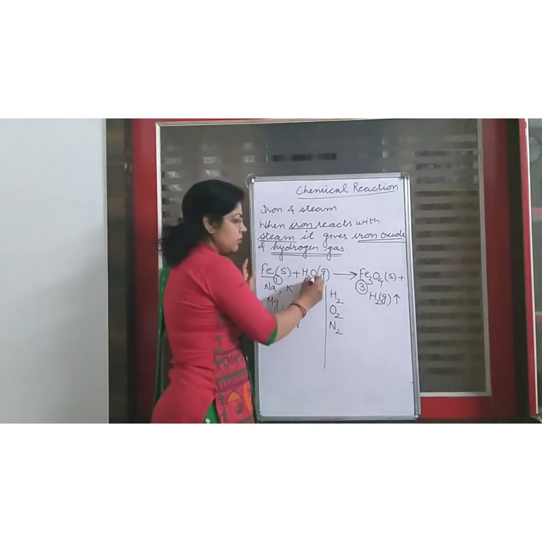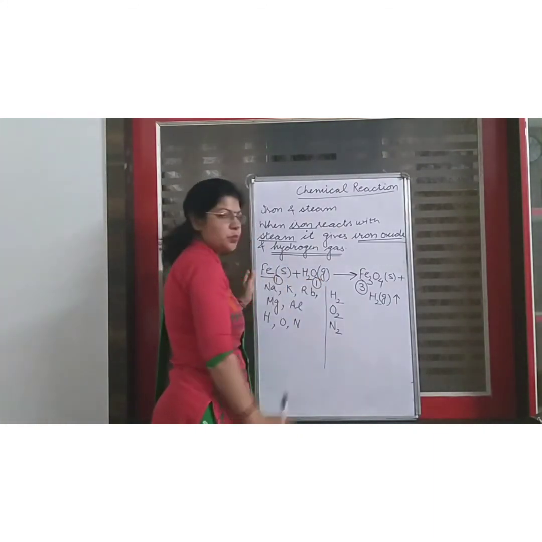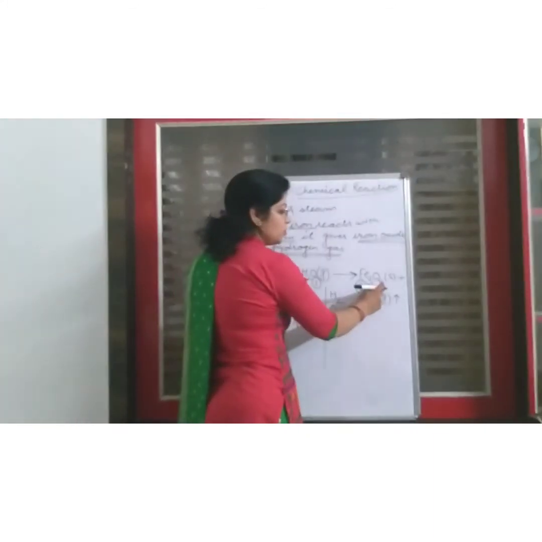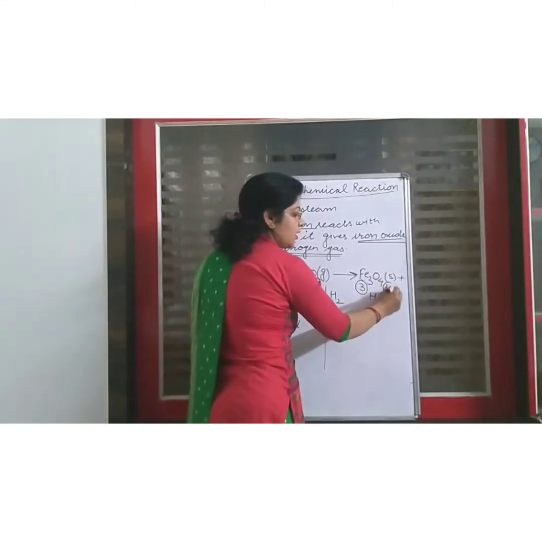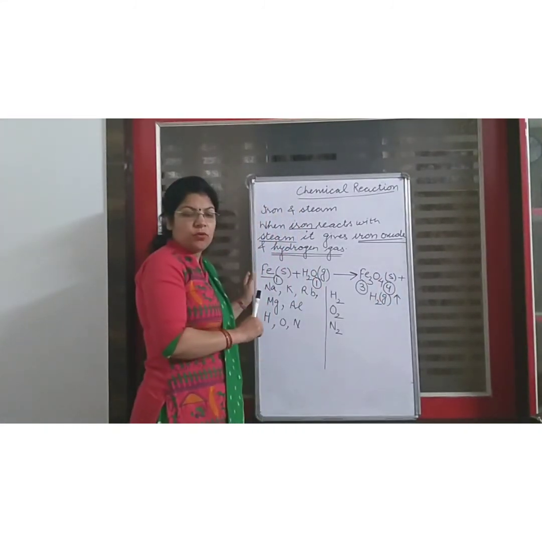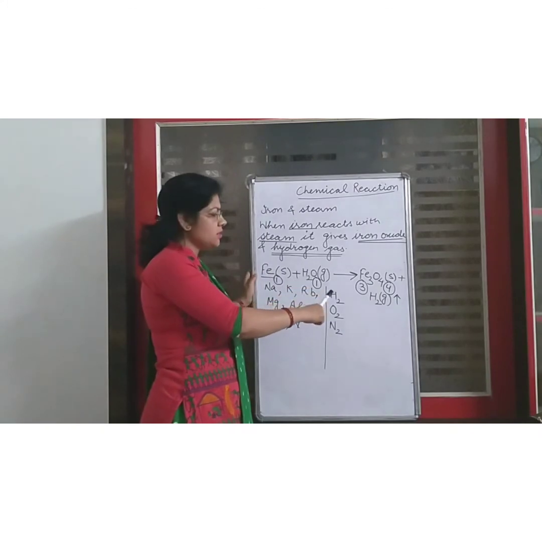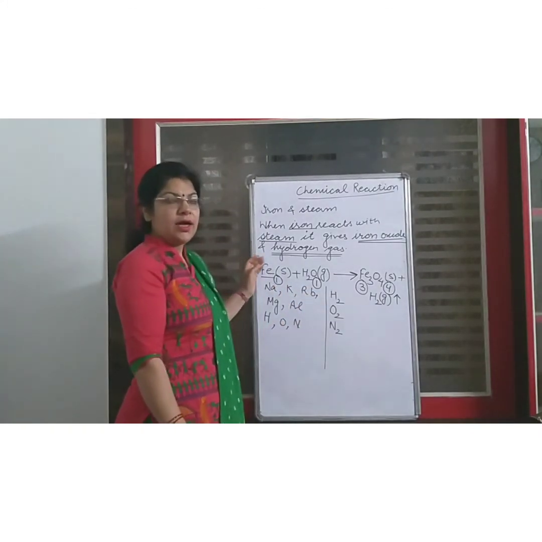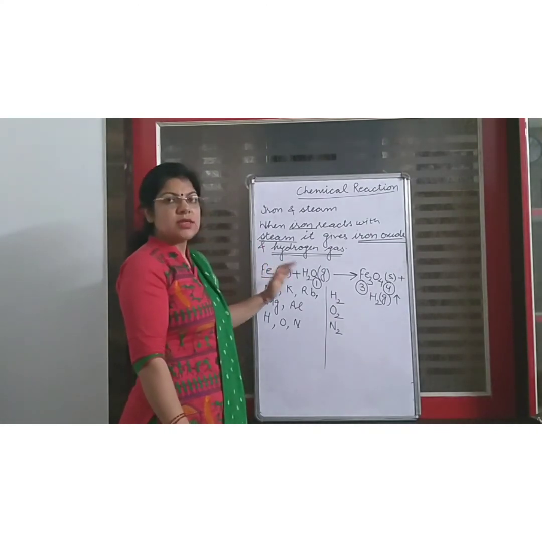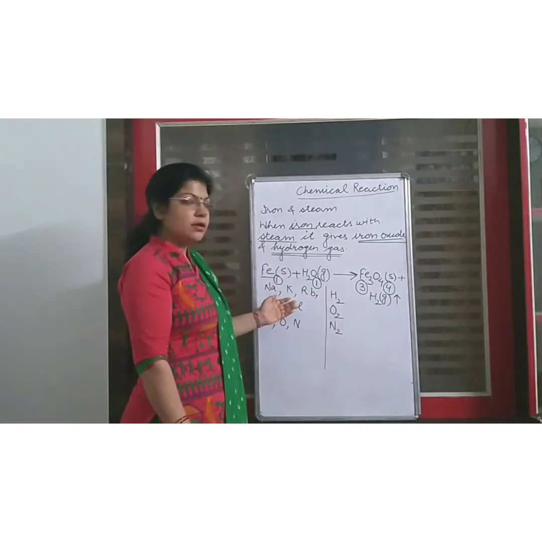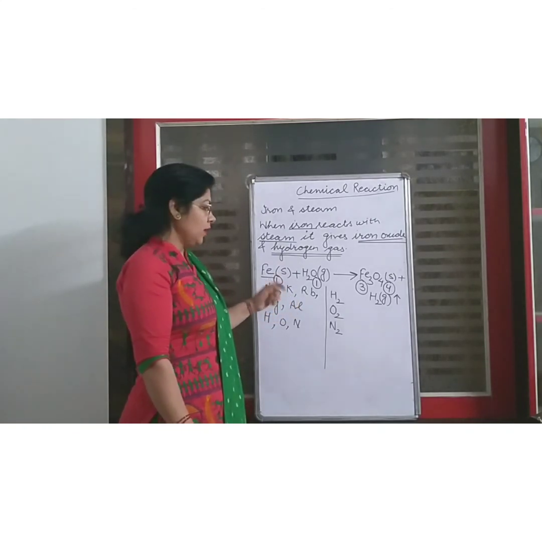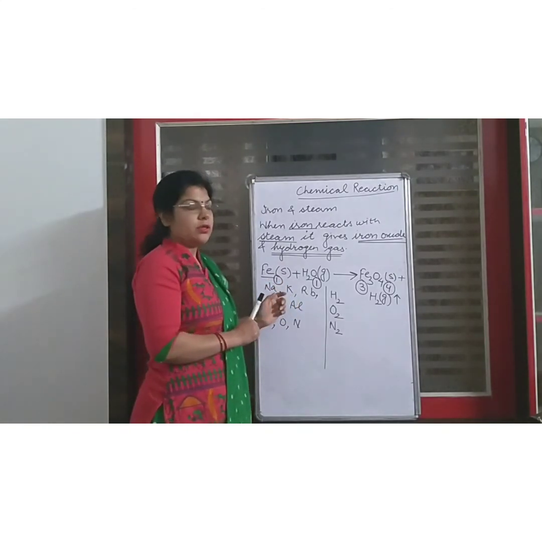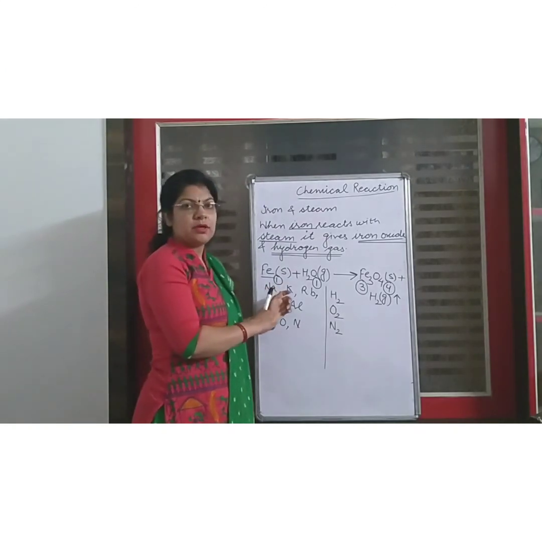Similarly, on the reactant side only 1 oxygen is present, but on the product side 4 oxygen atoms are present. Therefore, it is not a balanced chemical reaction. So, we have to balance this chemical reaction. In the next lecture, we will learn how we balance this chemical reaction.